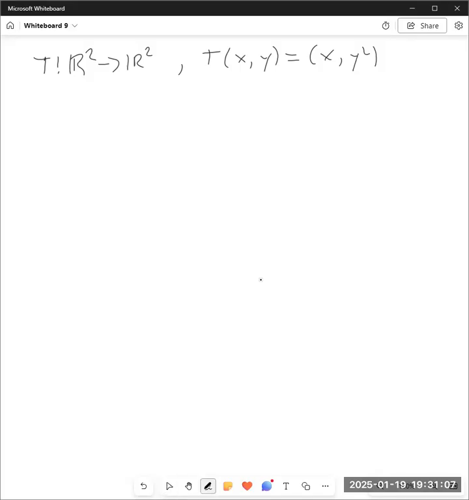We're actually testing to see if it is. So we need to see if T is a linear transformation. I already know it's not, because x plus y squared is not equal to x squared plus y squared for the second part, but let's prove that to you.